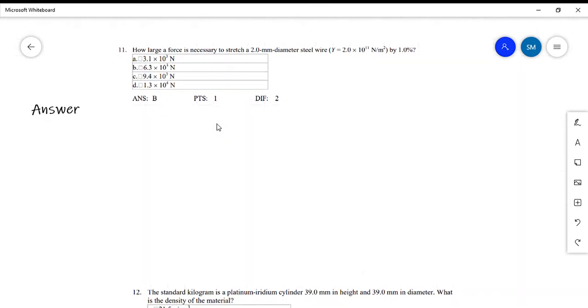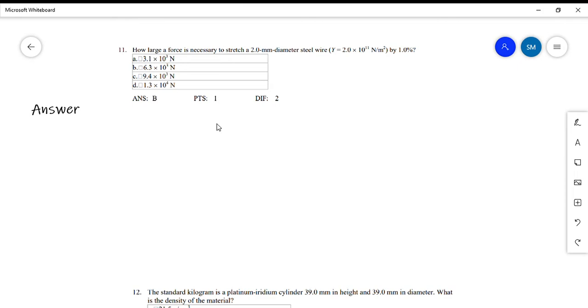Okay. Question number 11. He wants to know the force. If you want to know the force, we first have to know the stress, and to know the stress, we will use Young's modulus.